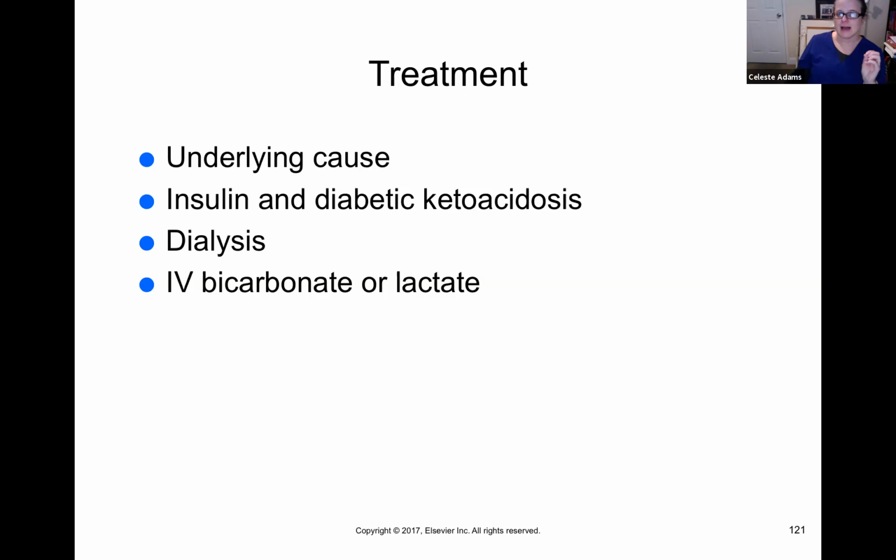So you give dialysis, you give bicarb, you try to fix that metabolic acidosis because in metabolic acidosis, they don't have enough bicarb. And of course, like Cheyenne said, you would give IV bicarb or lactate. Lactate does the same thing.